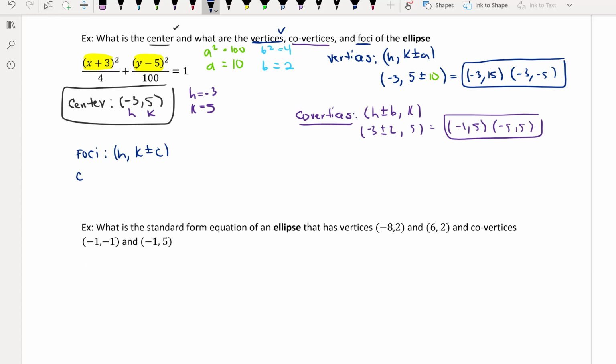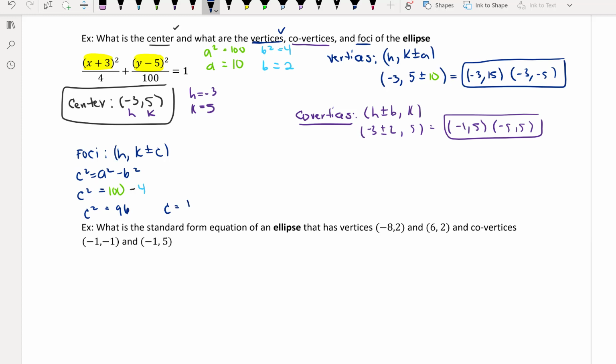So I know that c squared is equal to a squared minus b squared. My a squared value was 100, and that b squared value was 4. So 100 minus 4 is 96.